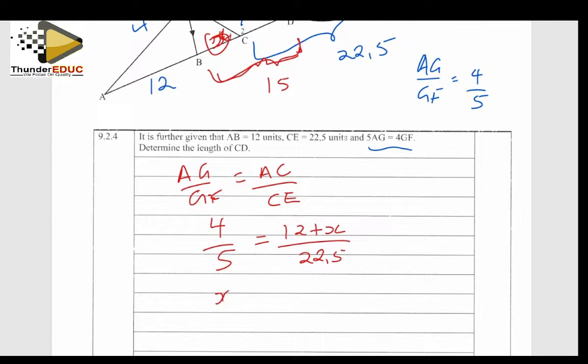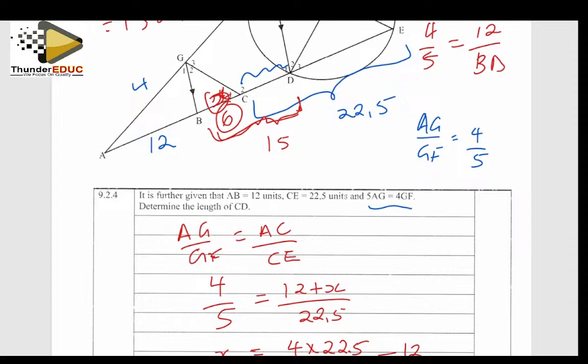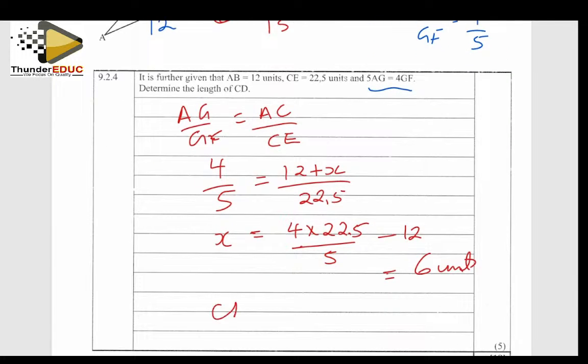Let's look for X. It's going to be 4 times 22.5 divided by 5, then we subtract the 12. This gives me 6 units for X alone. Now remember we said BD is 15, BC is 6, so we can find our CD, which is 15 minus 6, which is basically 9 units.